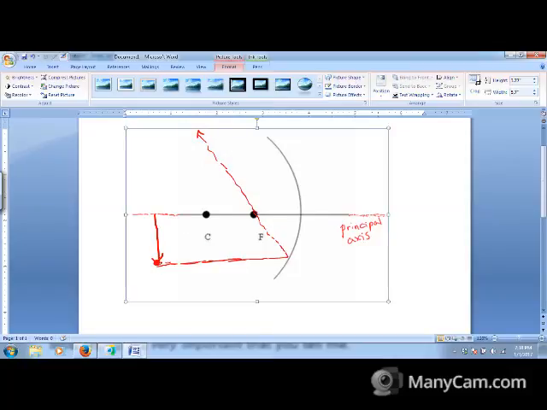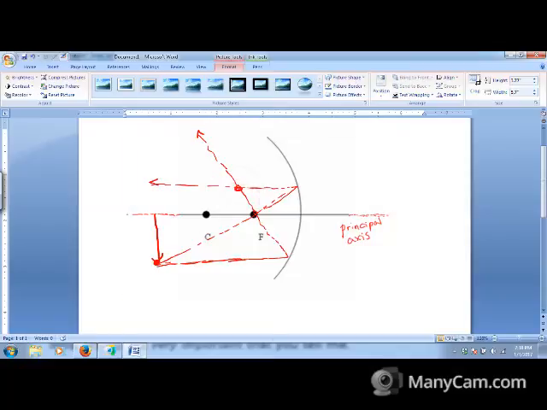And we're also going to make another incident ray that goes through the focus. And it's going to be parallel. Okay, I want you to notice that if I invert the object, the image gets inverted as well. So this was the tip of the arrow. That is the tip of that arrow.